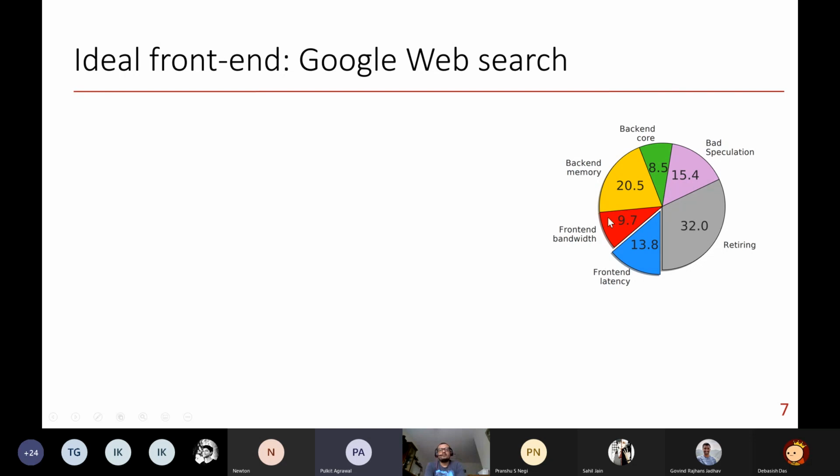If you look at the red one and the blue one, front end bandwidth and latency, they contribute almost 23% of the bottleneck. And the reasons are what I was just explaining: huge code footprint and the branch behavior, because of which the predictor is not doing well or the BTB is getting thrashed.